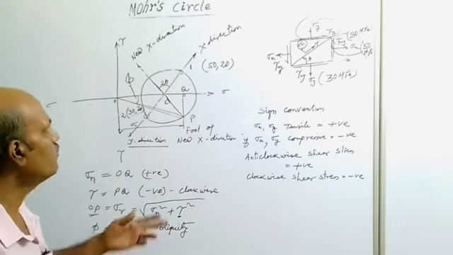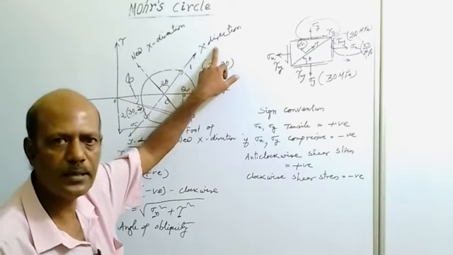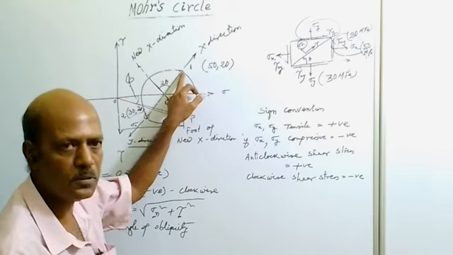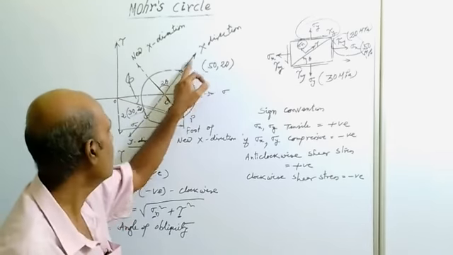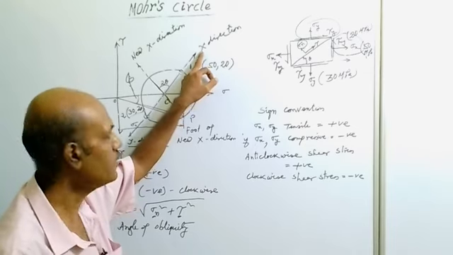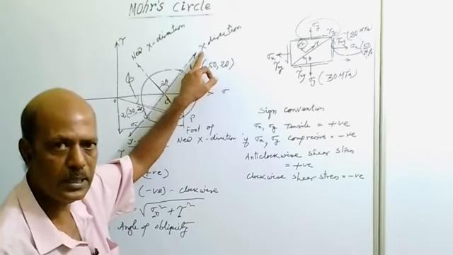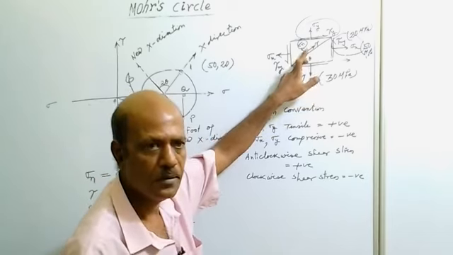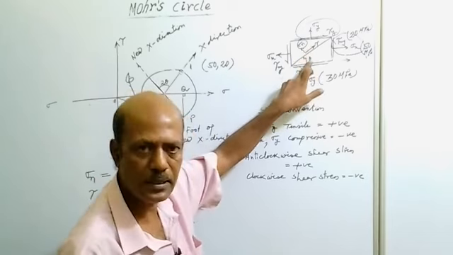Now next step, we have to find the x direction. How to find it? Center to the x phase point. So that direction is the x direction. Now rotate x direction in the same sense twice the theta angle.